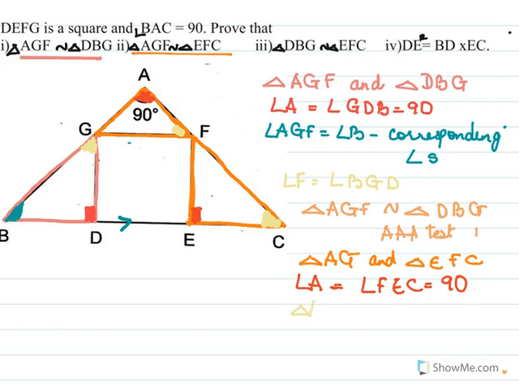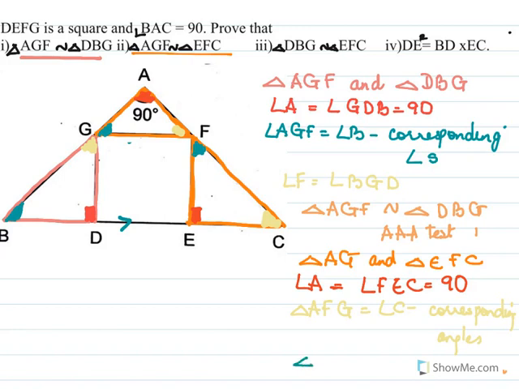So write angle AFG will be equal to angle C, and that is corresponding, because the lines are parallel, this line is parallel to this. Hence the third angle, that is angle G, will be equal to angle F. If two angles are equal, the third angle also becomes equal.